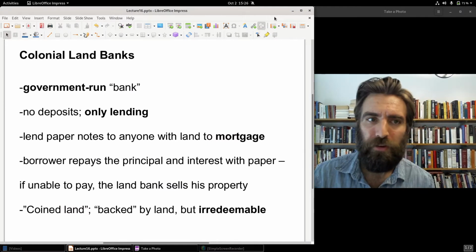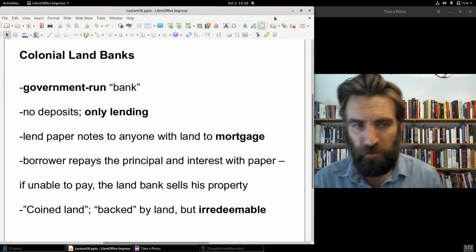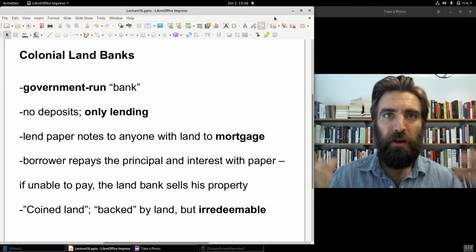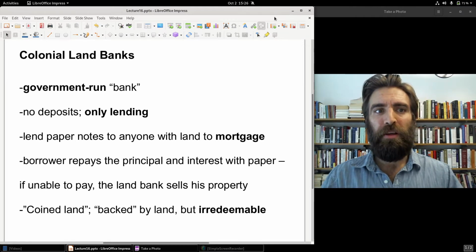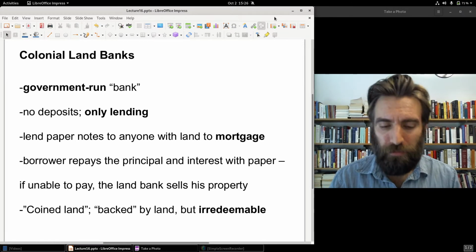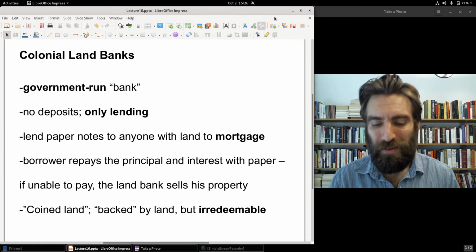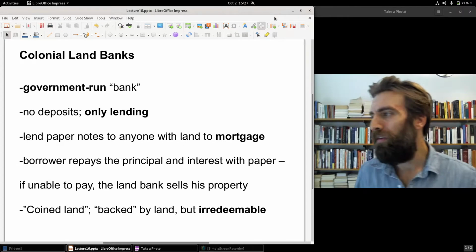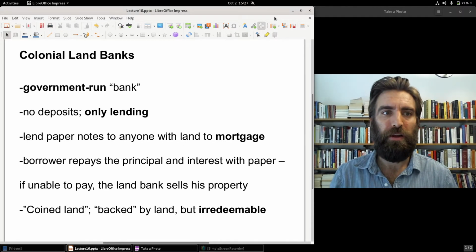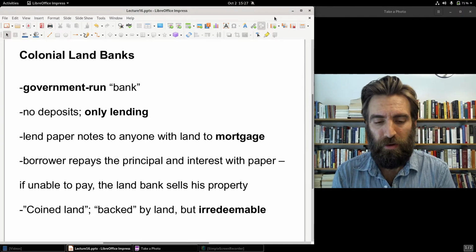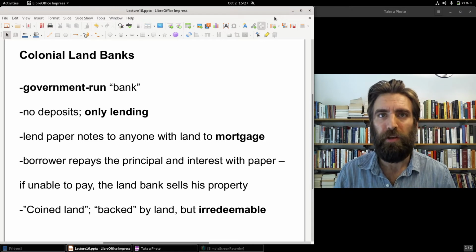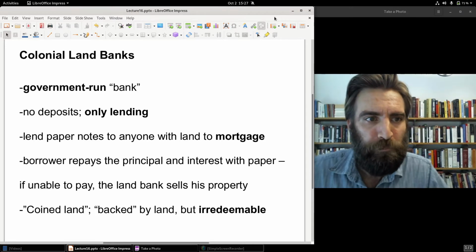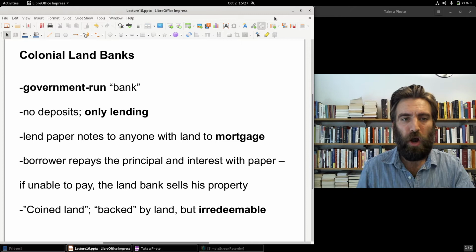So, just a brief description of what this land bank was exactly. First of all, the fact that it's called a bank can perhaps trip us up a little bit, because it wasn't a bank in the conventional sense of accepting deposits. There are no deposits in a land bank. Only lending.